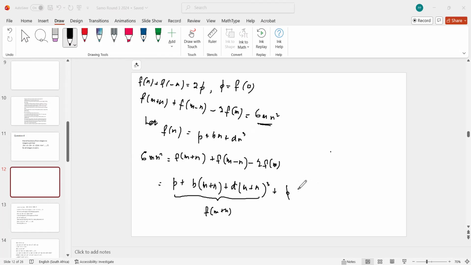So it will be p plus b into m minus n plus d into m minus n all cubed, because I'm replacing your n by m minus n in this equation.